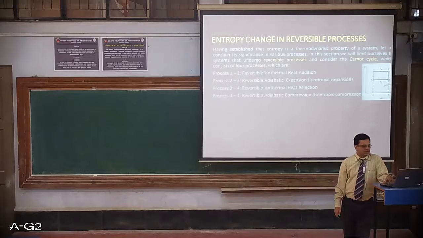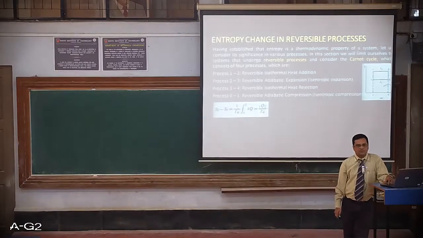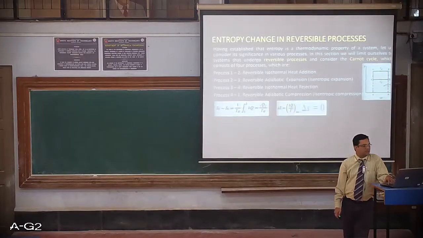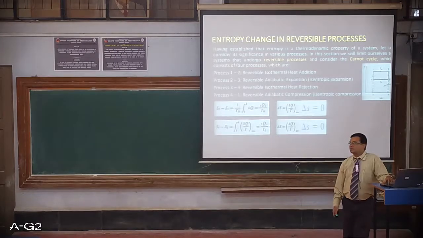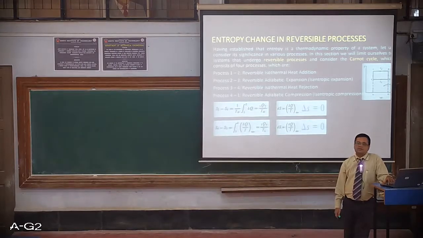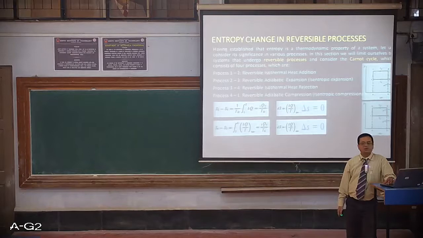Okay, and we applied this entropy change for all these individual processes, and we got the equations for all the 4 processes. Followed by reversing the direction, we also saw how a reversible heat engine, when we interchange the directions, turns into a refrigerator or heat pump.